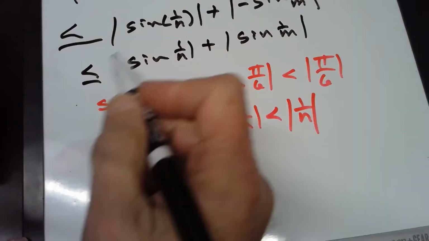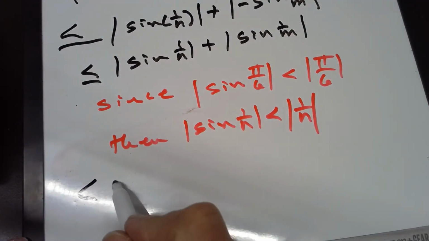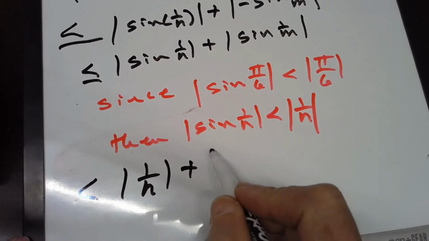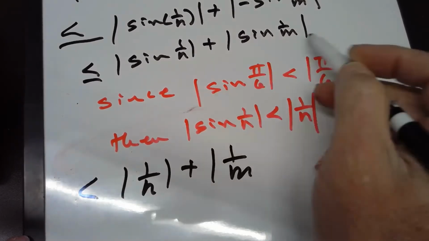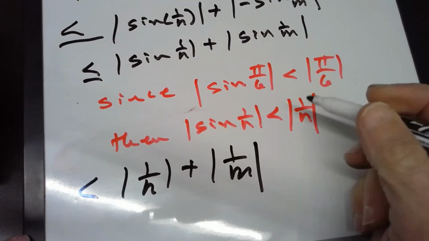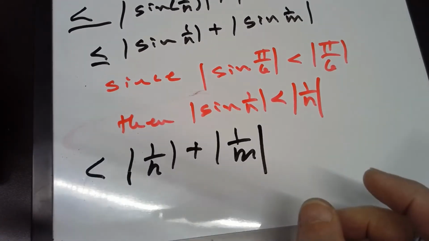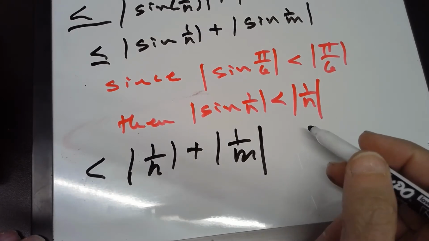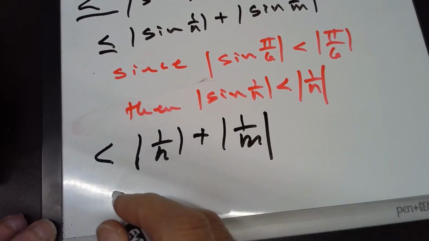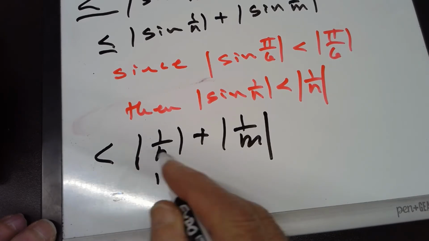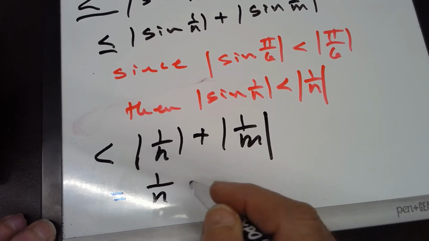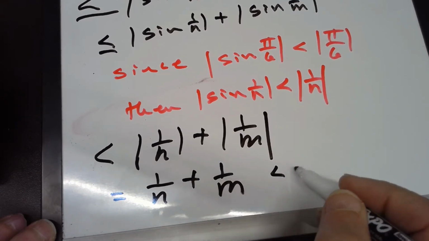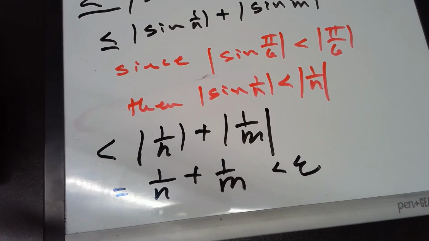So we can say that this is less than the absolute value of 1 over n plus the absolute value of 1 over m, since the sine of 1 over m is less than the absolute value of 1 over m. And since this is positive, we can drop the absolute value, so that's 1 over n plus 1 over m, and all that is less than epsilon.